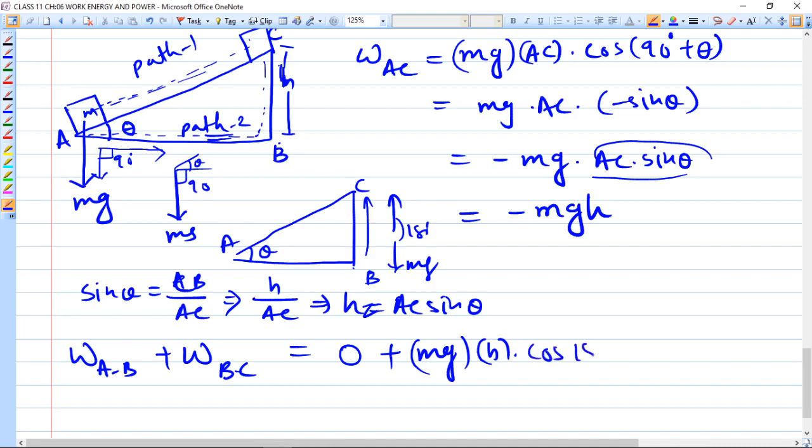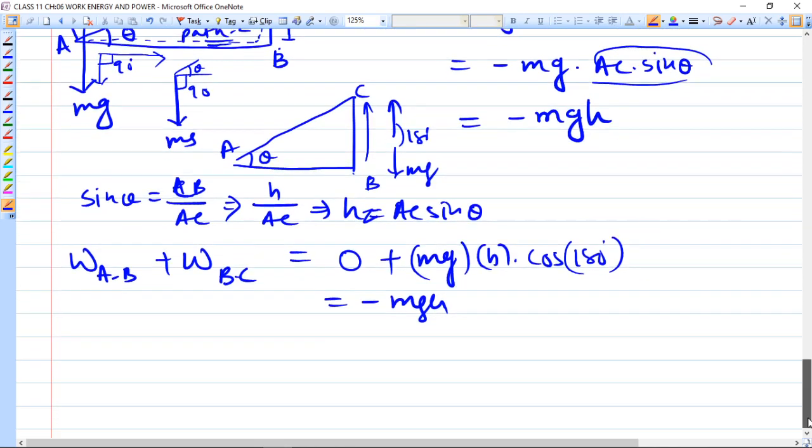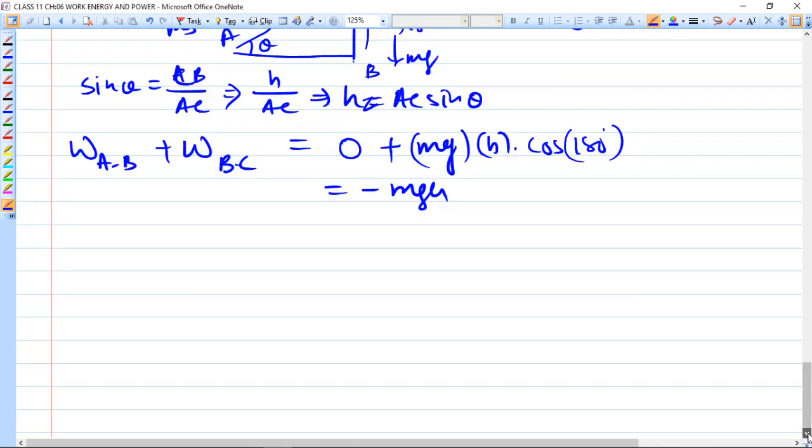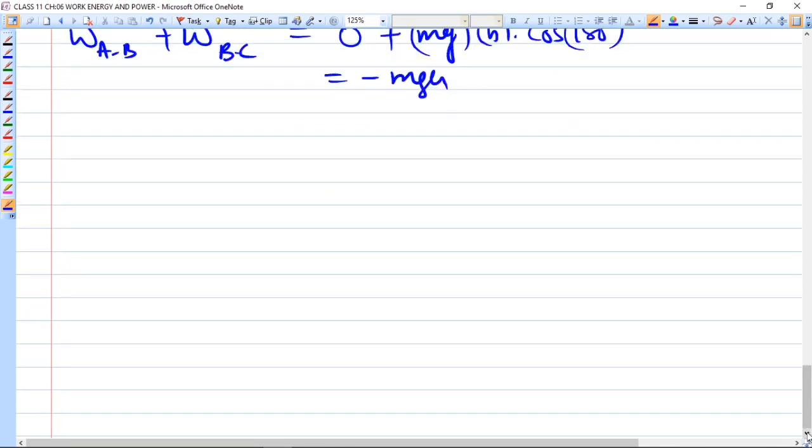So cos 180. Cos 180 is minus 1. So what is the answer? Minus mgh. So you can see that the work done along the direct path AC and the work done along AB plus BC are the same. It means it does not depend on the path. Clear or not? So here we have proved that this gravitational force is a conservative force.